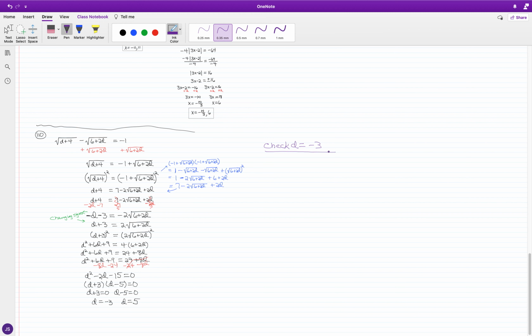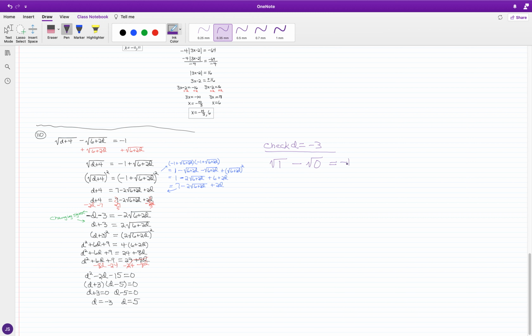So if I check D equal to negative 3, now negative 3 plus 4 is 1. And 6 plus 2 times negative 3. Okay, so that's going to be the square root of 1 minus the square root of 0 equals negative 1.